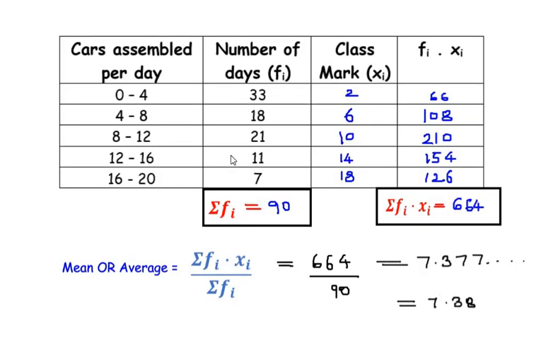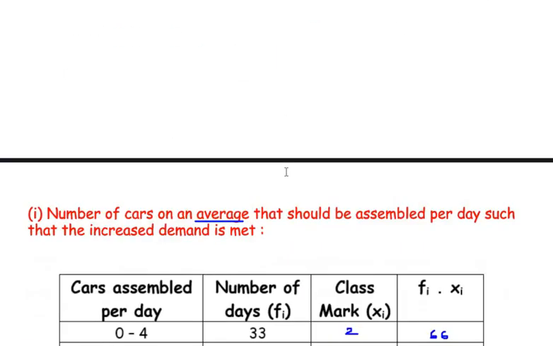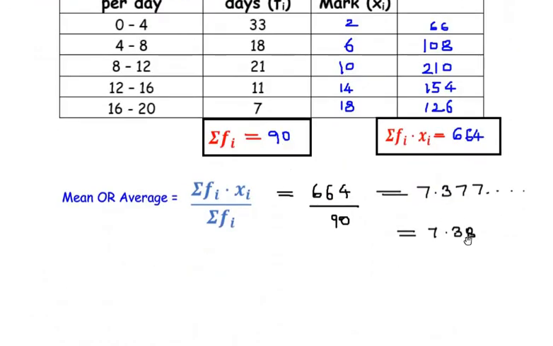Now once we get the mean, the question says that the demand of the cars is doubled. That means here we have to double the mean which we have got. That is going to be 2 times, that is doubling the mean, 7.38. And that will be equal to 14.76. Now this is the number of cars that needs to be assembled.